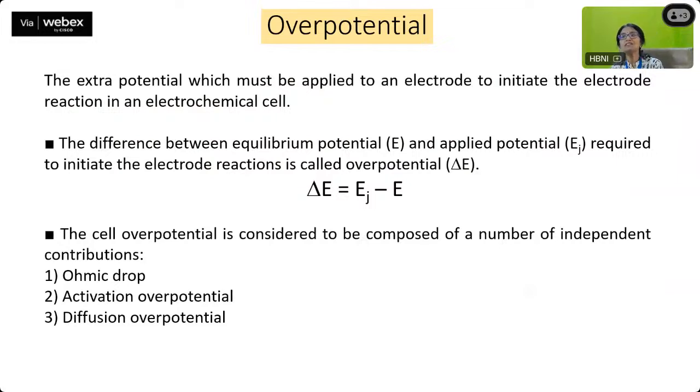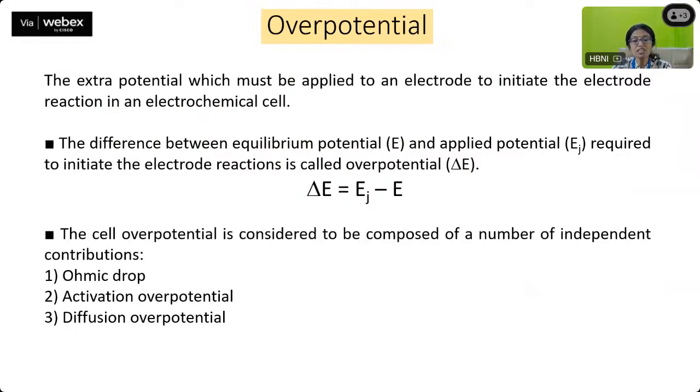I say that this is the kind of potential which you need to apply for this reaction to happen. But most of the time you will find that a little extra push is needed. This extra potential which must be applied to an electrode to initiate the electrode reaction is known as the overpotential in an electrochemical cell.